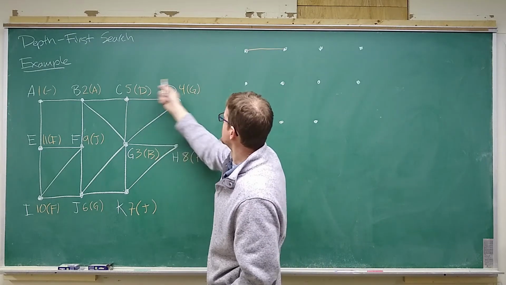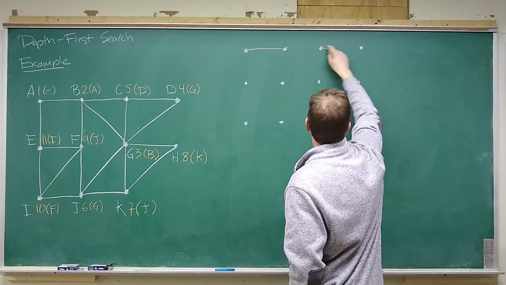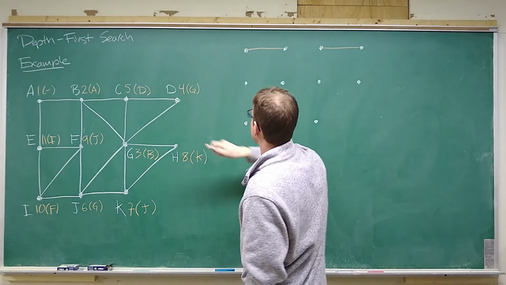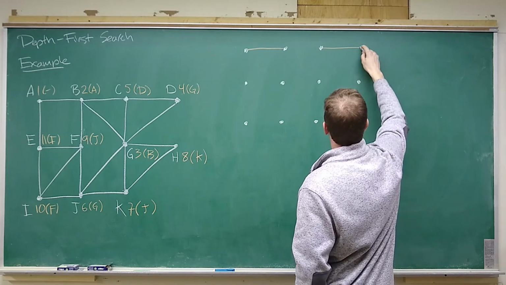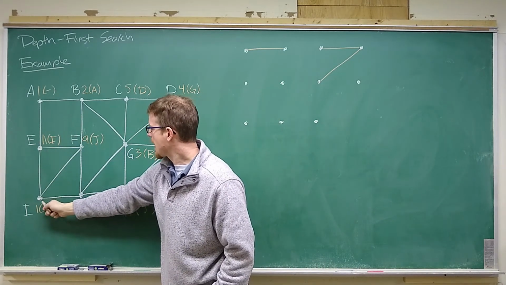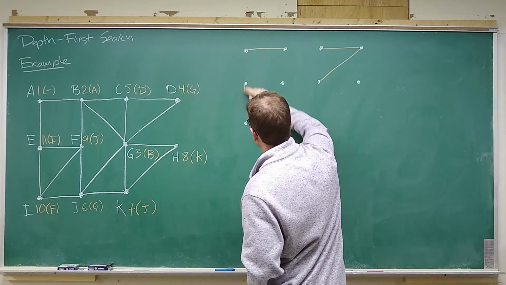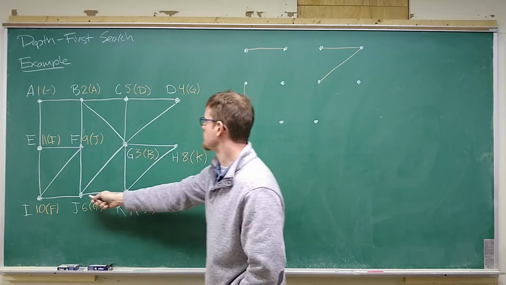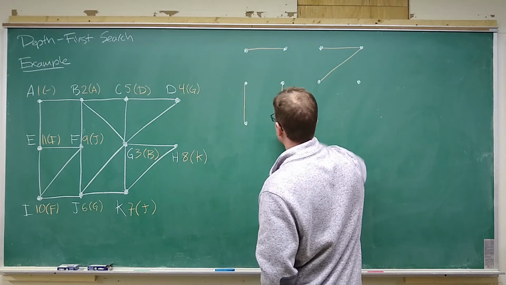C gets attached to D because it's the predecessor. D gets attached to G because it's the predecessor. E gets attached to I because it's the predecessor. F gets attached to J because it's the predecessor.